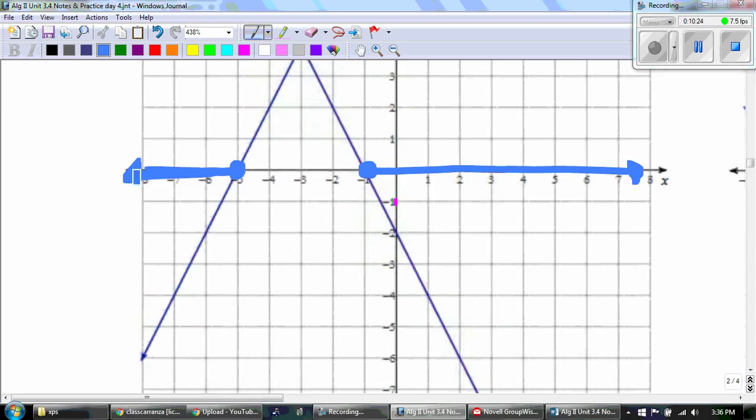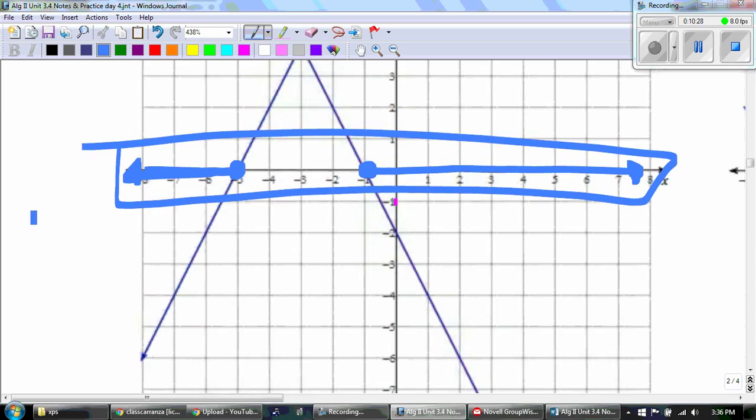All right, and now if we're looking at just this portion right here, we would write that in interval notation where we start at negative infinity, it goes to -5, then there's that break, and then we pick back up at -1 and we go to positive infinity. Do you see what we're doing there?